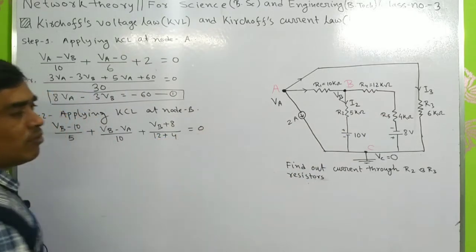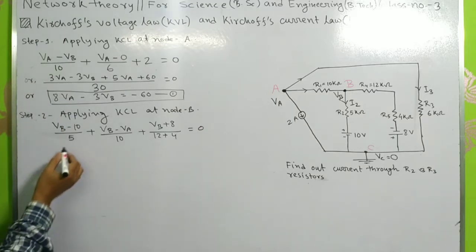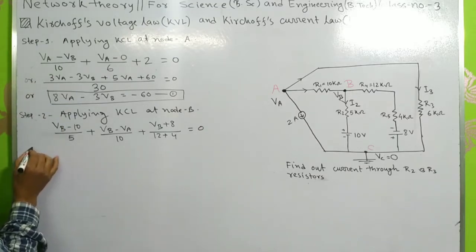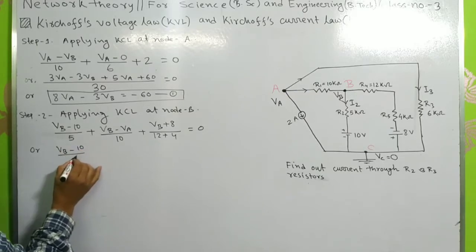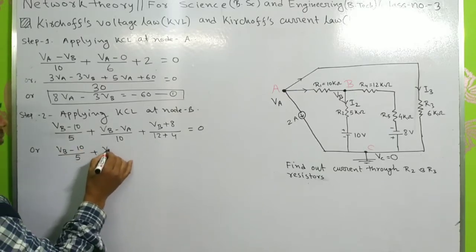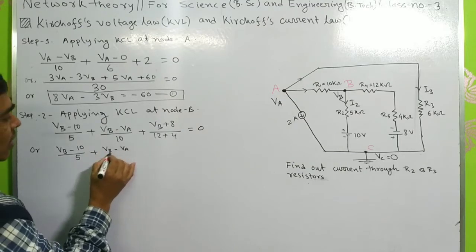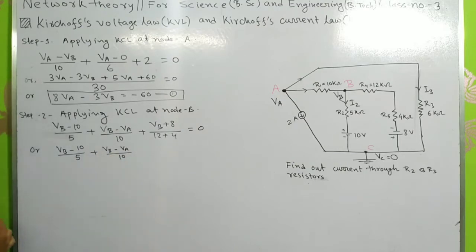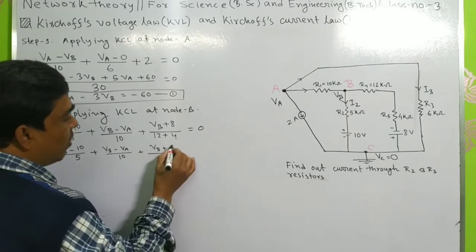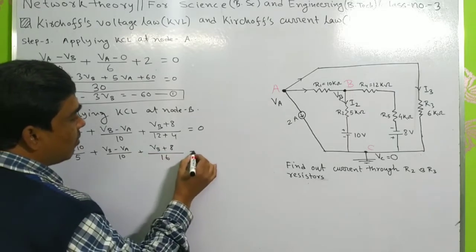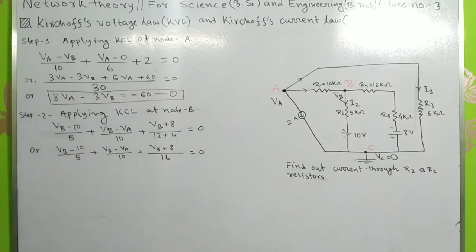So we have VB minus 10 divided by 5 plus VB minus VA divided by 10 plus VB plus 8 divided by 16 equals 0. This is the other equation.